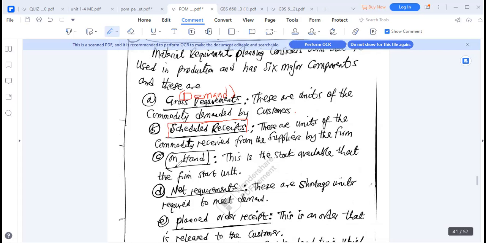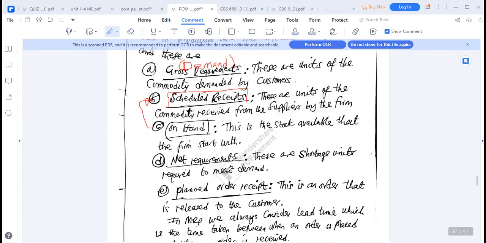Then we have on hand, that is the stock available to start with. So meaning whatever you started with, you should aggregate with what you have received from your suppliers as scheduled receipts, so that you find the total stock available and see if you can meet the demand as the gross requirements.